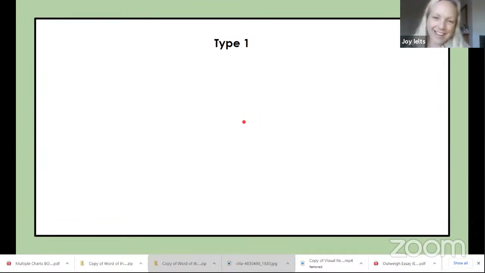Type 1 functional sentence is by, and then ing, and then your result clause. This is like a cause and result sentence, and I'm going to show you.